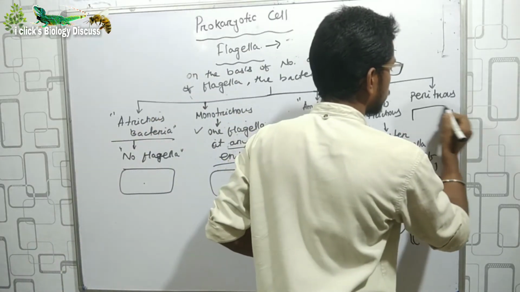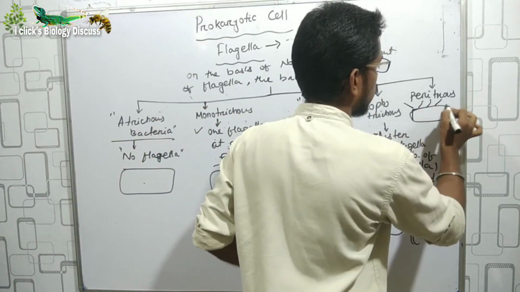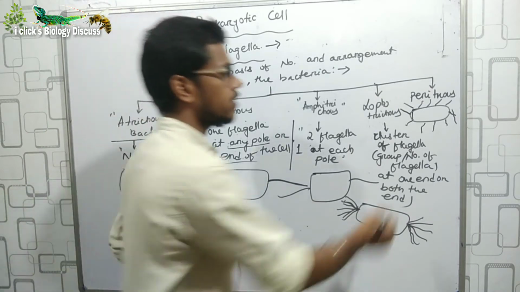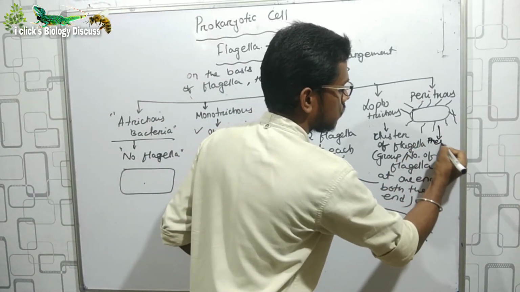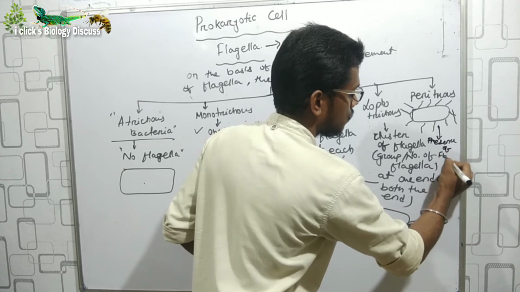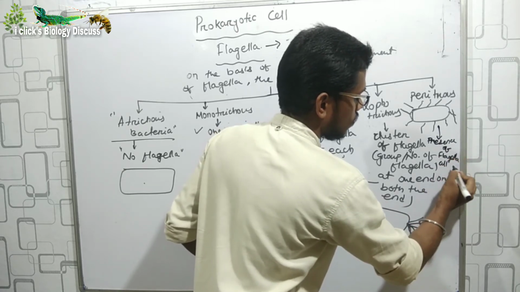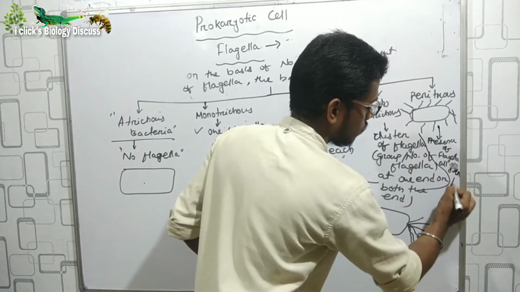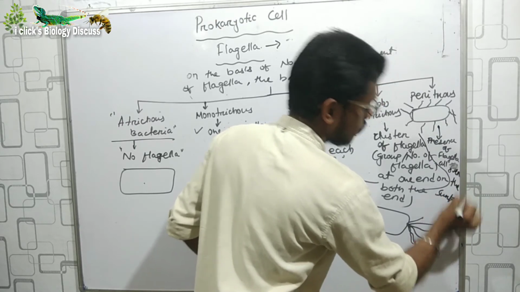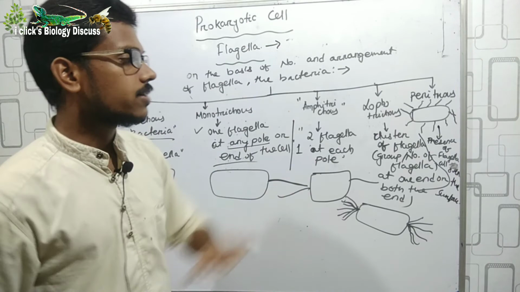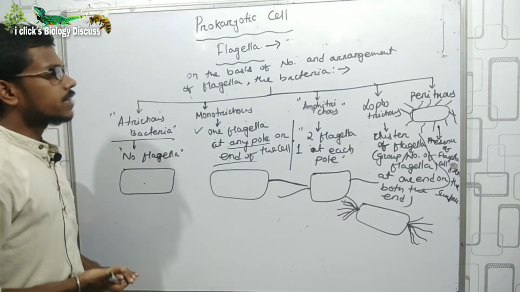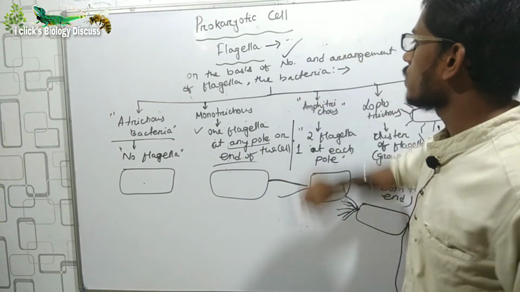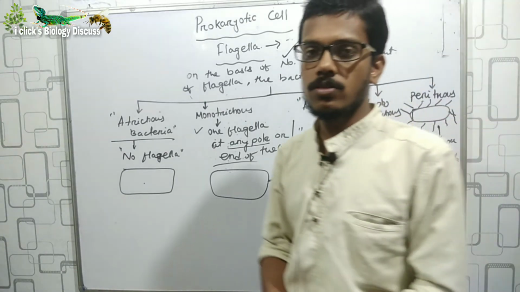Suppose this is a cell, and the flagella are present all over its surface, then that is called peritrichous. So these are the types of bacteria on the basis of the number as well as the arrangement of flagella.